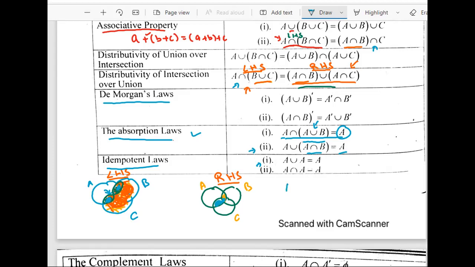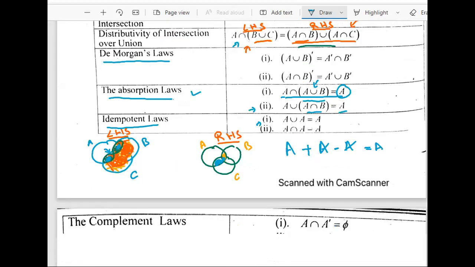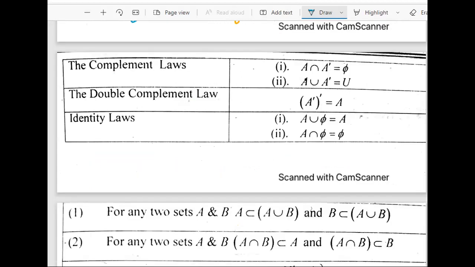So A union A would have A plus A minus A, because A is the common region. So this and this would be cancelled and we get A again, right? We did discuss this in the last class. Ahmed, are you able to understand all this? Yes.